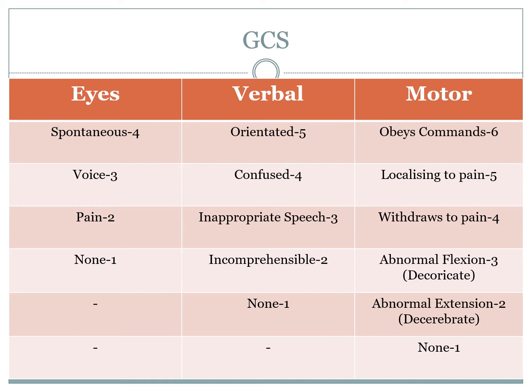Don't beat yourself up if you cannot rattle off the GCS categories or calculate it in your head straight away, because it's not a normal thing to be able to do, especially early in your career. Okay, and a lot of times it's probably not going to be that helpful for you either, given statistically the amount of patients you're going to see under 10. Okay, which is why we teach AVPU.